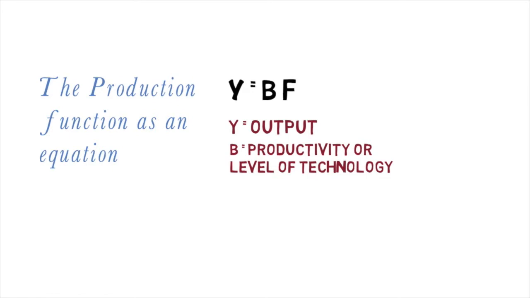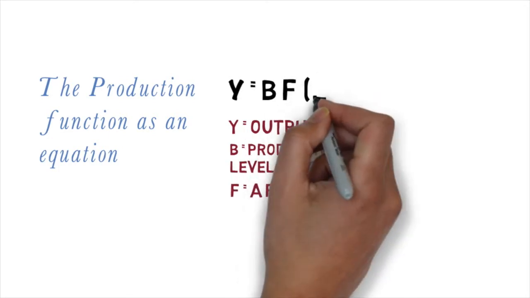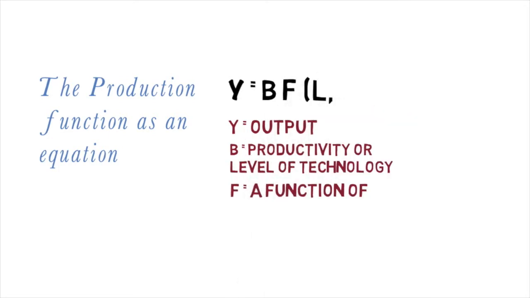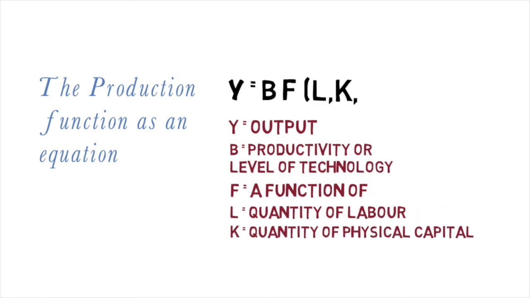F just represents a function of, so output is a function of the next factors we see, one of which is L, labour. So labour is the quantity of labour that is in an economy. K is the capital, the quantity of physical capital infrastructure that is in an economy.